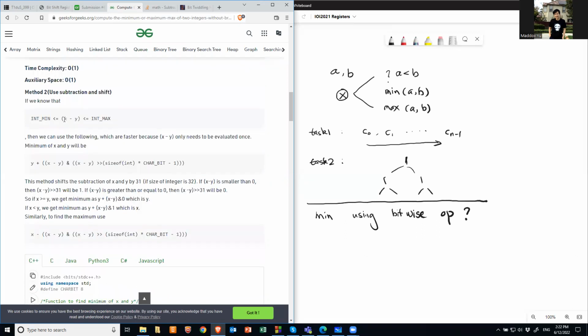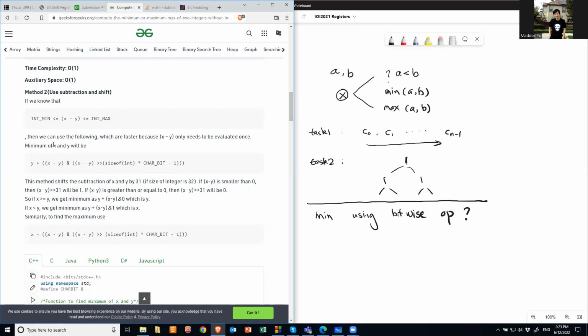Let's assume x minus y is within the range of the minimum and maximum. This is the bitwise operation to find the minimum value. Basically, if you have x and y, take y plus this thing, which is you do x minus y, and you do an AND operation, then you take the x minus y and shift it to the right.